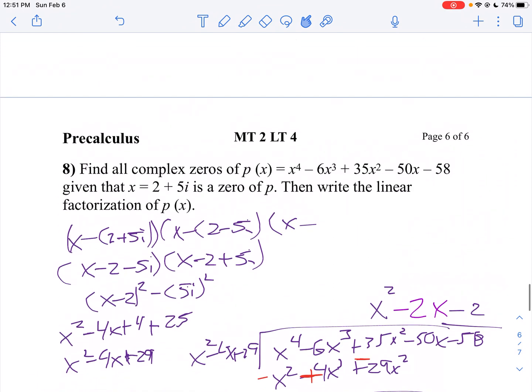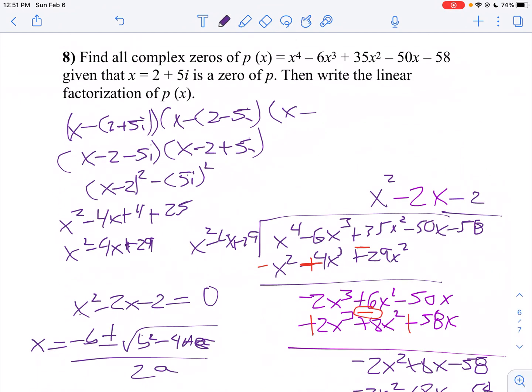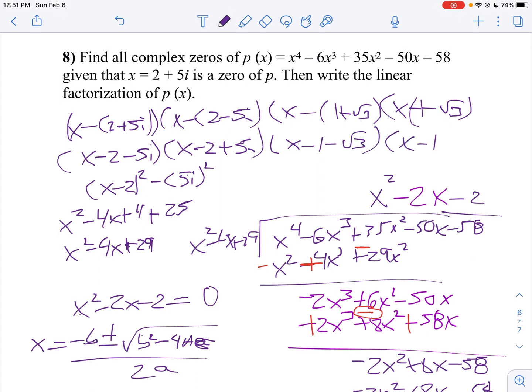So x minus 1 plus the square root of 3 times x minus 1 minus the square root of 3, which I can write as x minus 1 minus the square root of 3 times x minus 1 plus the square root of 3. There is your linear factorization of p of x.